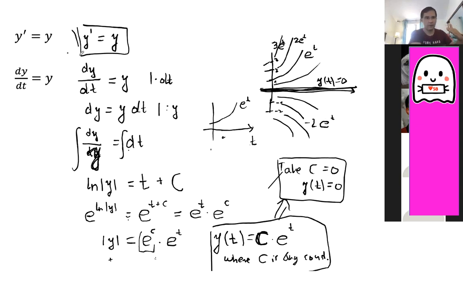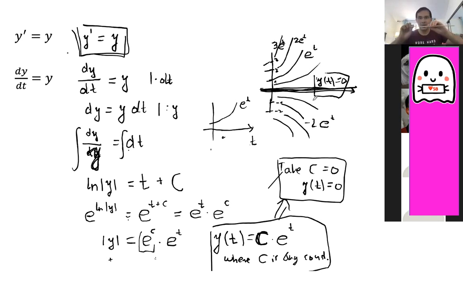So now the question is for you, which of those functions is an equilibrium solution? y of t equals 0. Perfect, excellent. Only one function is an equilibrium solution, and namely that's the constant function 0.